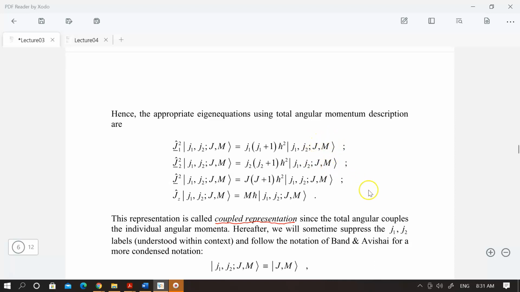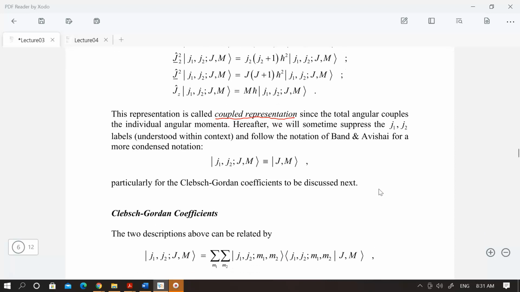Because of this cumbersome notation, normally J1, J2 are fixed at any particular time.